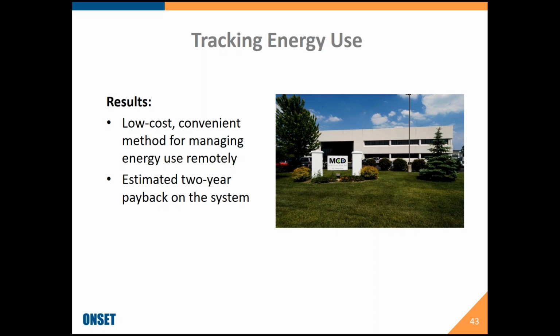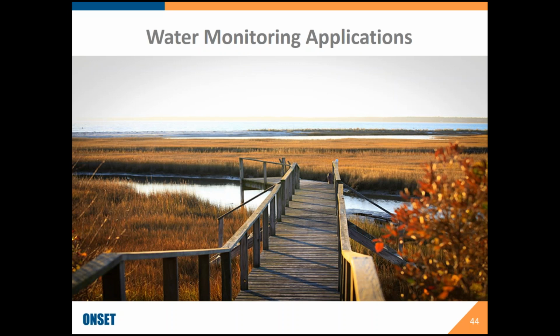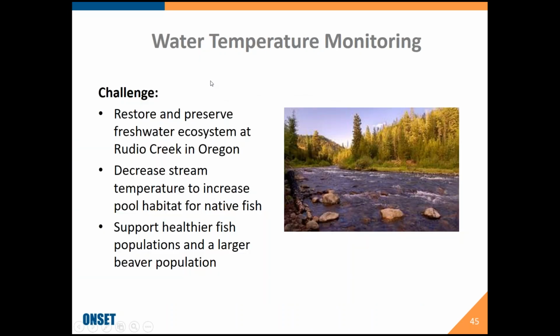Water monitoring applications. There was a creek in Oregon that the temperature of the creek was increasing, and they wanted to try to decrease it so that it would stop affecting the native fish in that creek.